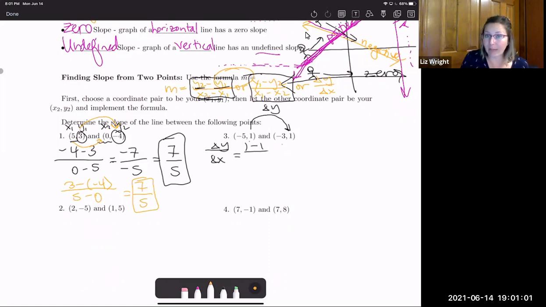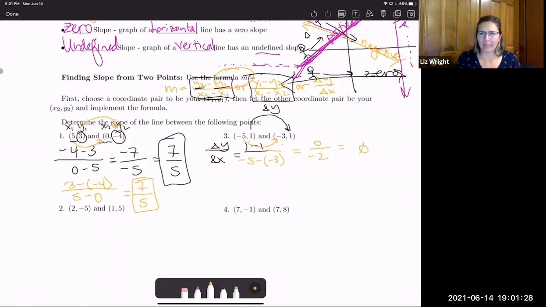If I went from left to right for my y's, I have to go from left to right for my x's. So I'm going to go negative 5 minus a negative 3. So 1 minus 1 is going to give me 0. Negative 5 plus 3 is going to give me a negative 2, which again, 0 over negative 2 is just a 0. So that's a 0.